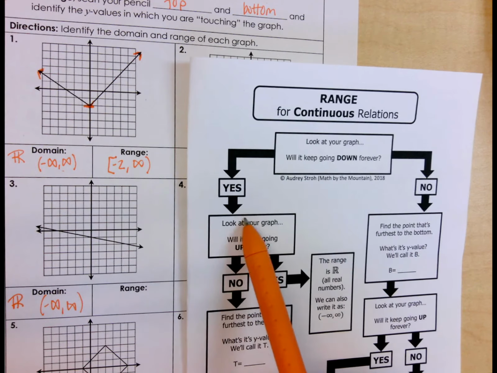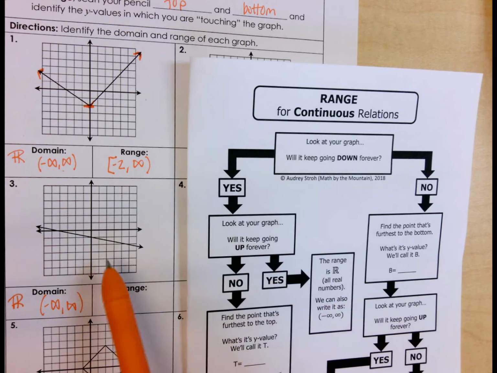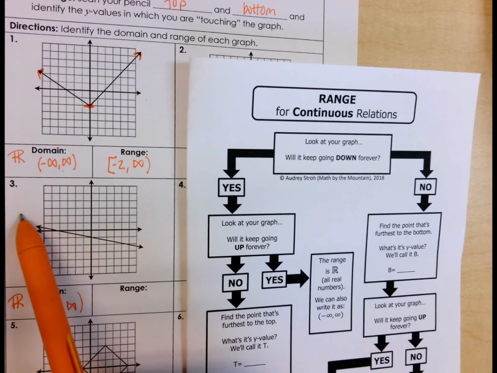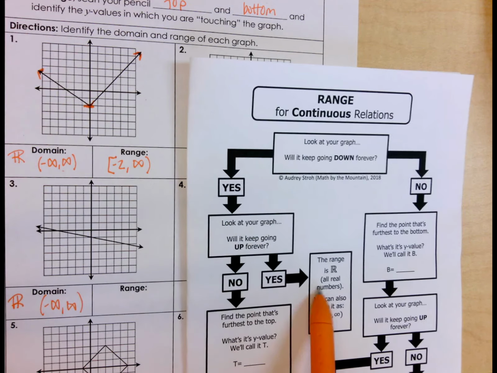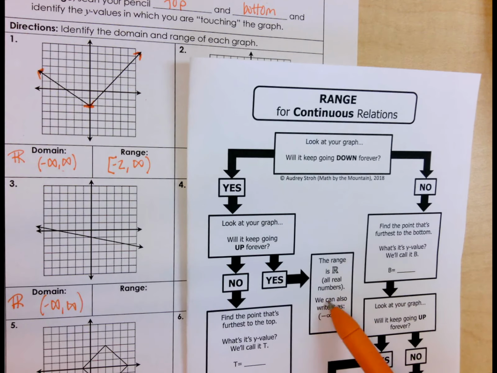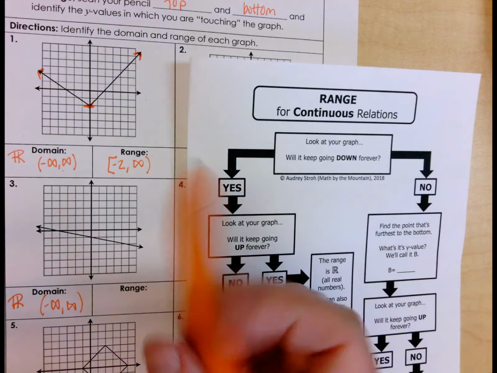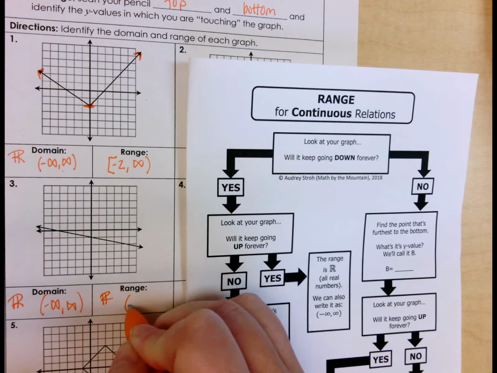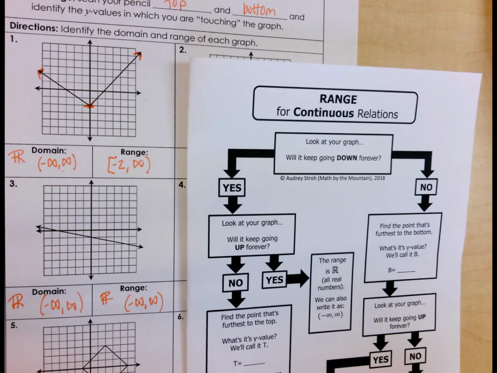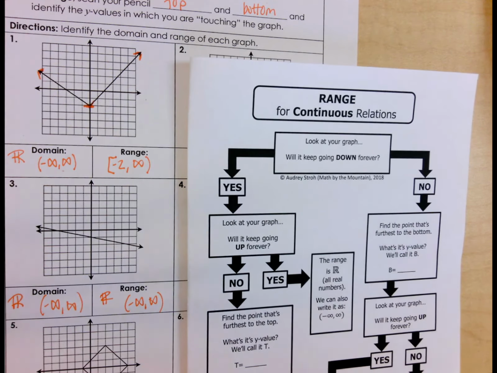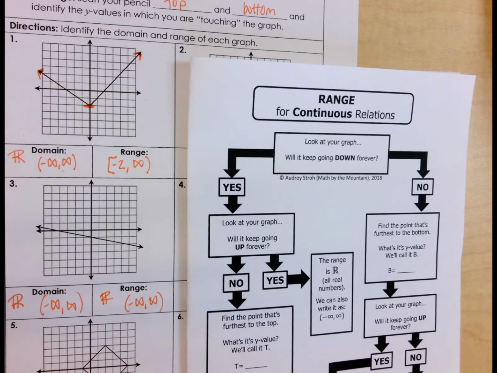So yes. And then look at your graph. Will it keep going up forever? Same thing. It is going up, and it does have an arrow, so it's going to keep going up forever. So yes. So in this case, the range is also all real numbers from negative infinity to positive infinity. Okay? And so don't stress yet. We are going to do several more examples together, and then I'll give you a chance to work on some on your own.